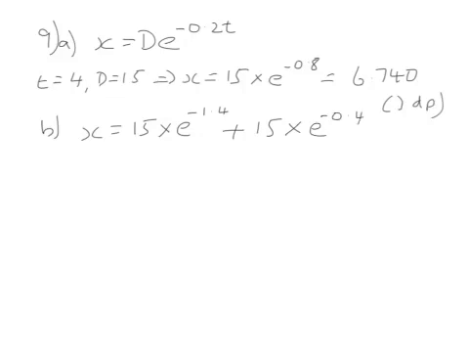So just to reiterate, this is the first dose, 7 hours, 7 times 0.2. This is the second dose, 2 hours, 2 times 0.2. And this works out to be 13.754, 3 decimal places.